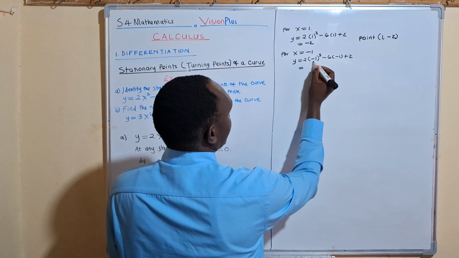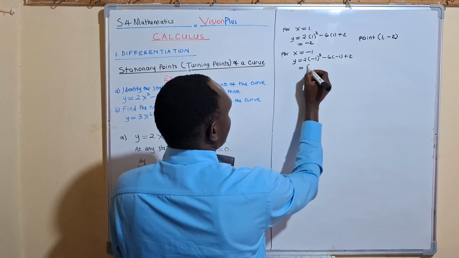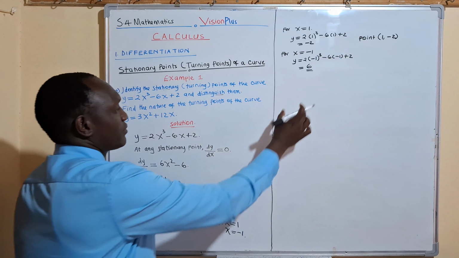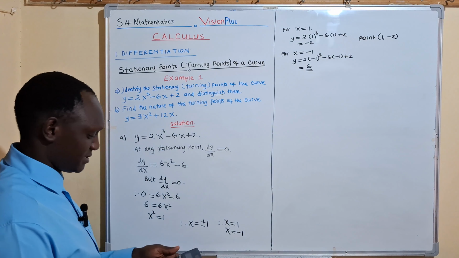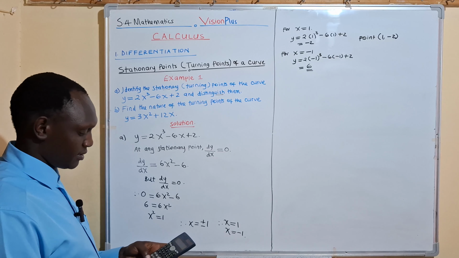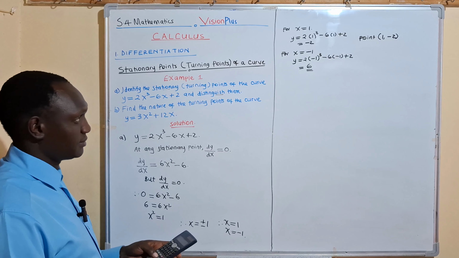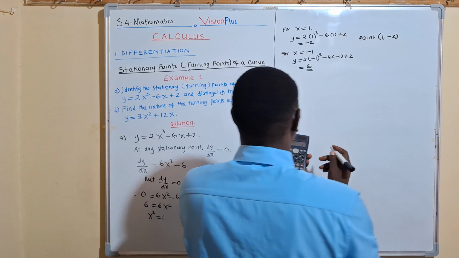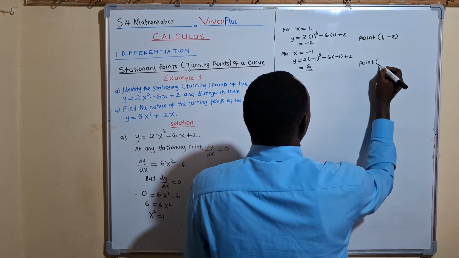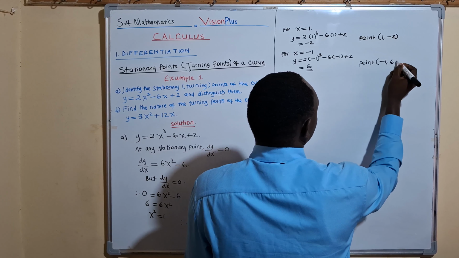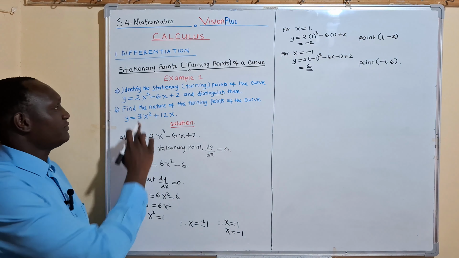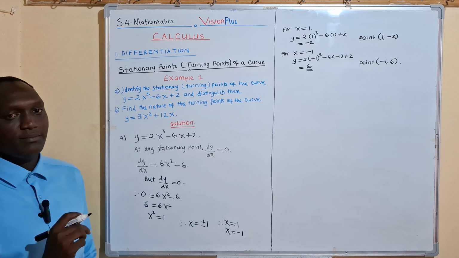So when x is negative 1, the corresponding value of y is 6. That means the next point is (negative 1, 6). Now we have identified the two turning points.